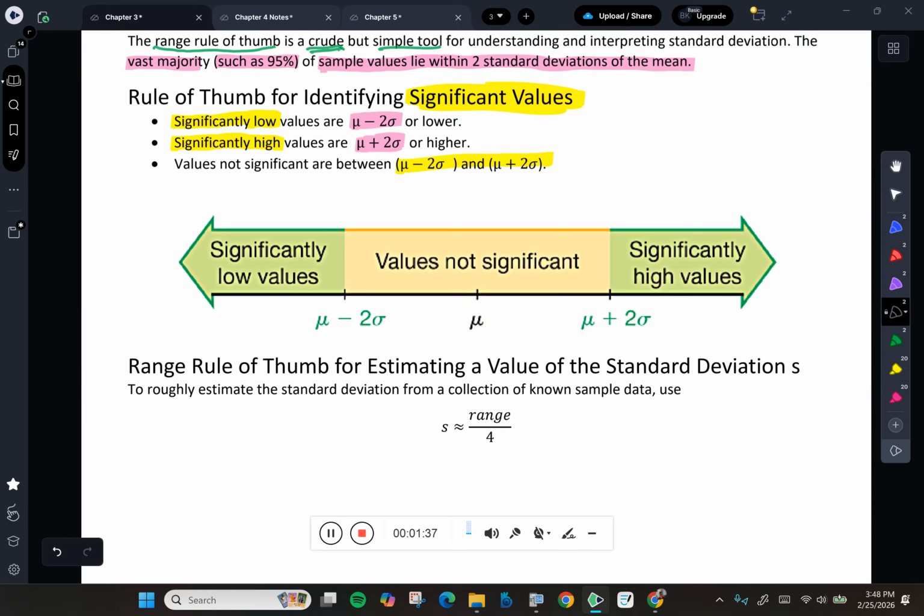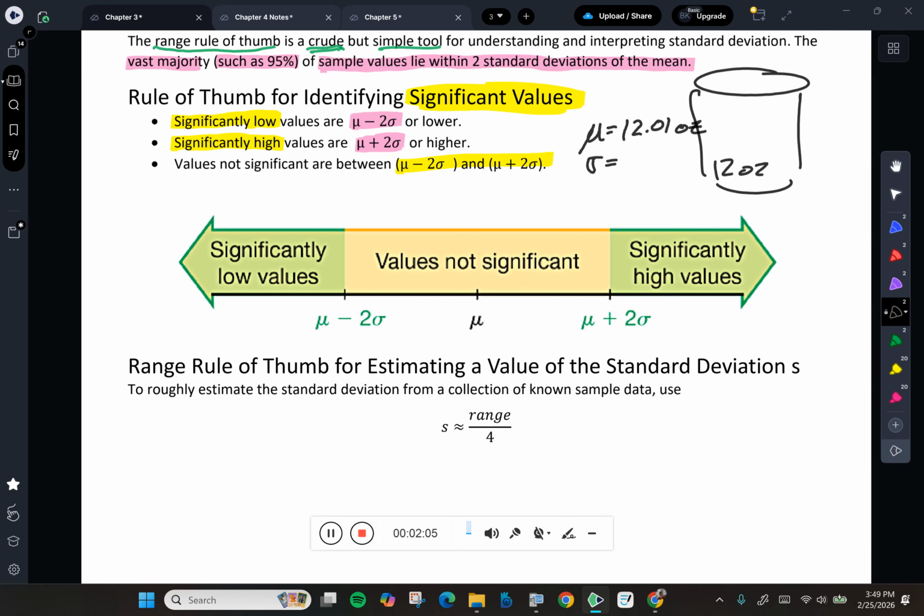Well, let me give you an example, and I'm going to go back to my favorite example, my cans of Coke that are supposed to have 12 ounces in them. So let's say that I do some data mining and I gather some information and I find out that the mean value for the amount of soda that is put into a can is 12.01 ounces, with a population standard deviation of 0.02 ounces.